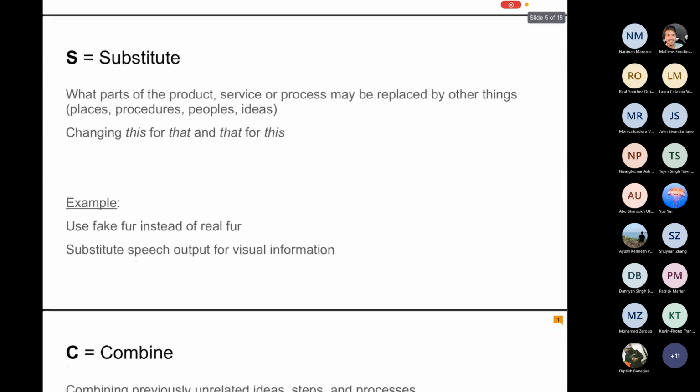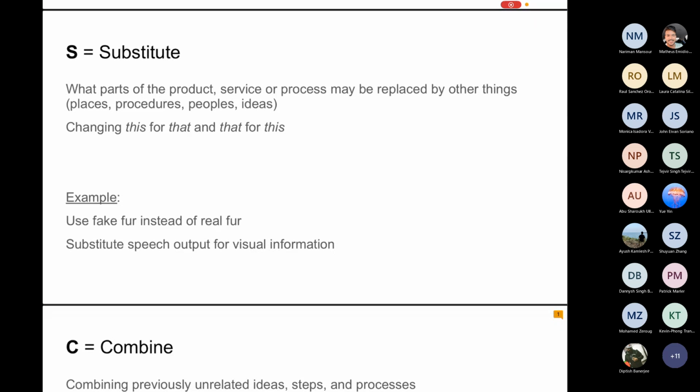Okay, so now we will go into depth into each one of them. For substitute, what are the parts, the product, or the service I can replace? It can be a place, a procedure, people, or an idea. I need to change something for something else. For example, if it's a clothing product, instead of using real fur, I will replace it with a fake one.